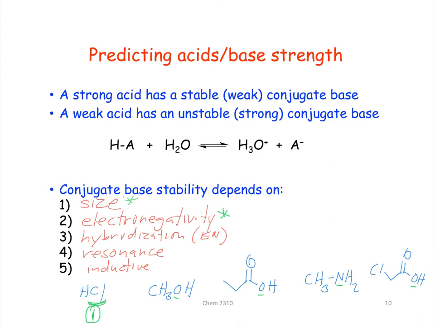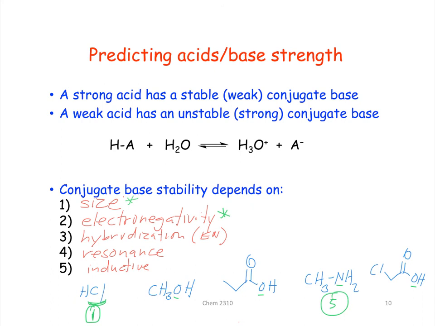Which is more electronegative, oxygen or nitrogen? Oxygen is more electronegative, so all of the species that have oxygen holding the anion in the conjugate base should be more stable, so those should be more acidic. The one with the nitrogen, this amine, should be the least acidic. So we have 5, so this should be last.